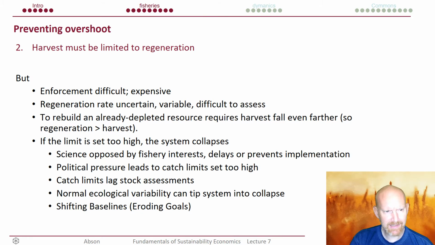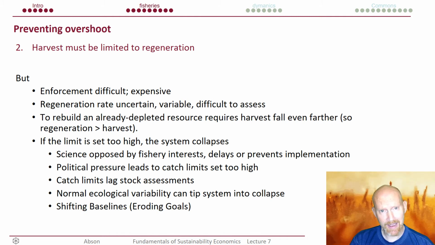So the second thing you need to do to prevent these overshoots is that harvest must be limited to regeneration. In other words, you cannot harvest more than the natural new flow of fish which are generated in the oceans. It's difficult because these are common pool resources. That means they are non-excludable, or it's difficult to exclude people from them. That makes enforcement difficult, and it can also be expensive.